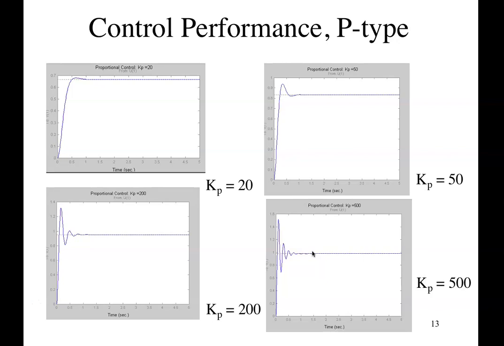If we increase the control gain from 20 to 50 to 200 to 500, this has an effect of reducing the steady state error and reducing the rise time, but it tends to increase the overshoot, and it doesn't help that much with the settling time because of this oscillatory response.